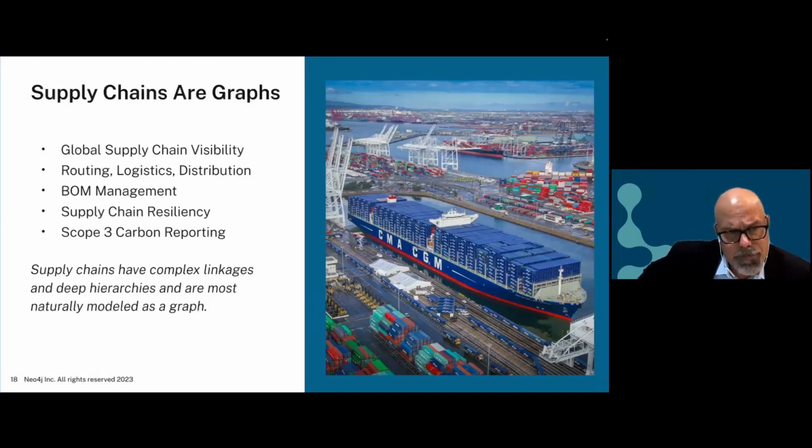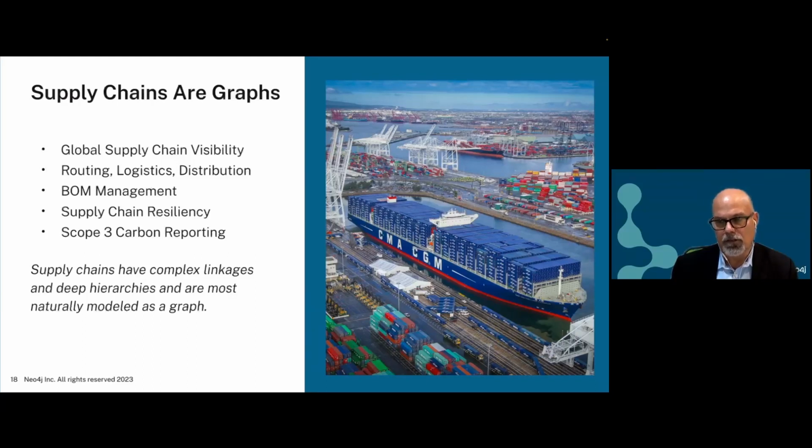Just to round this out, we believe that supply chains are natural graphs. The ability to analyze your supply chain and achieve things like global supply chain visibility, dynamic routing and logistics, manage bills of material, understand the resiliency of your supply chain, and, as I mentioned, provide meaningful estimates of your carbon footprint.